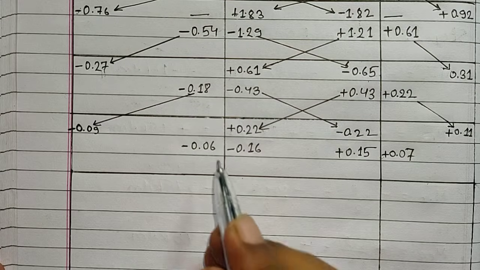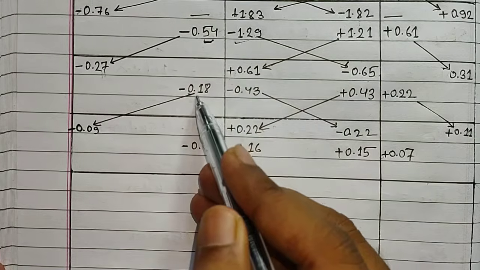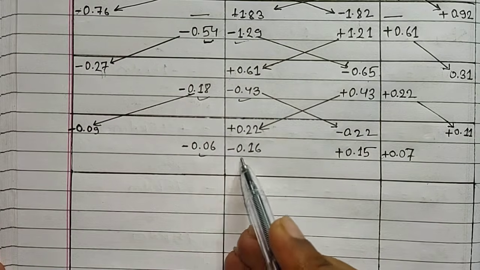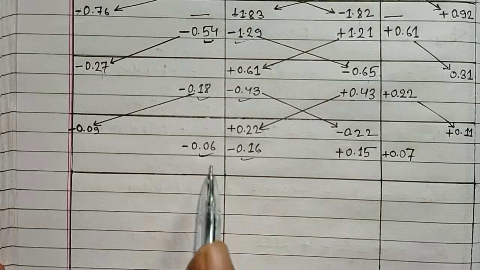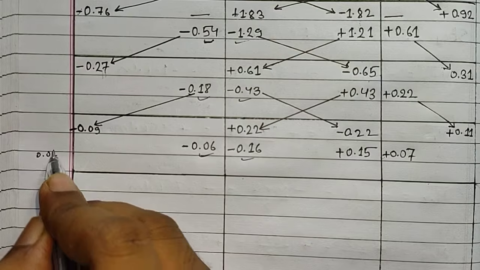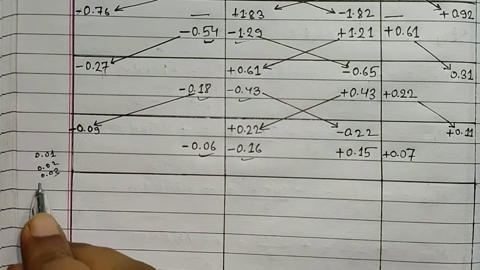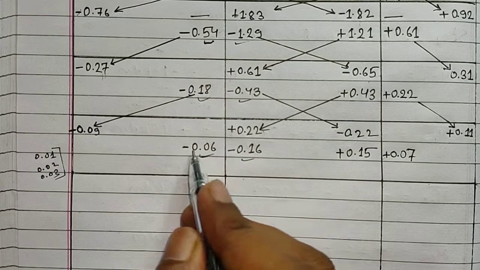Now guys, you might have noticed that the value of this portion is decreasing, and when we start having the value 0.01 or 0.02 or 0.03, then that will be our final step.